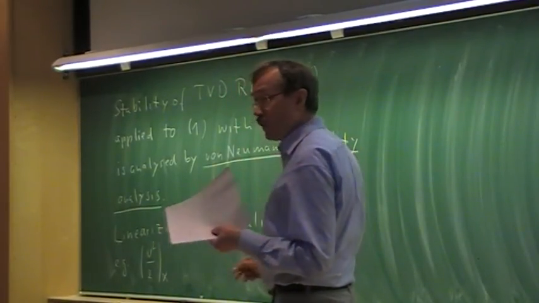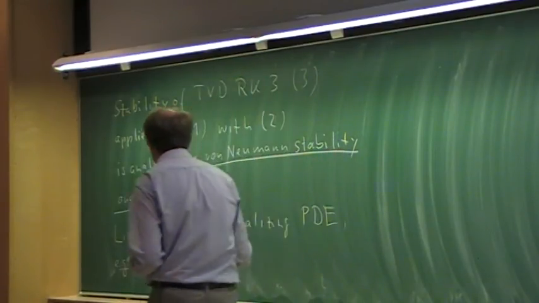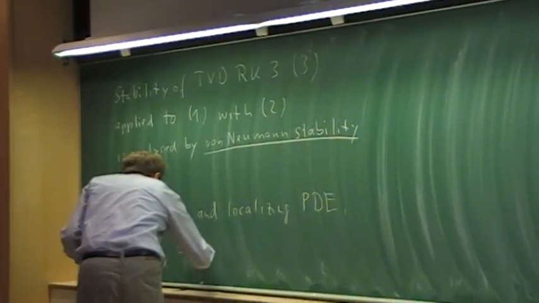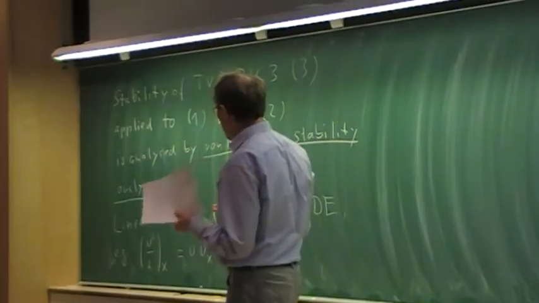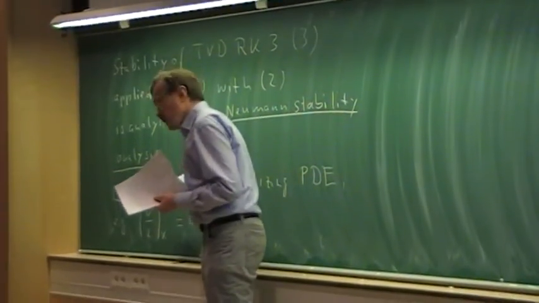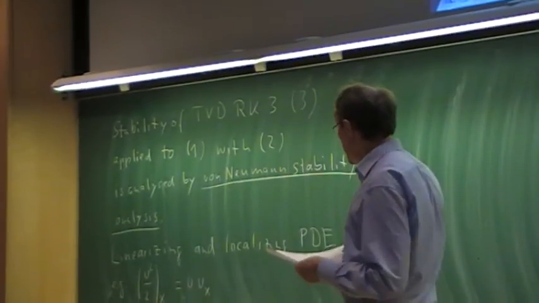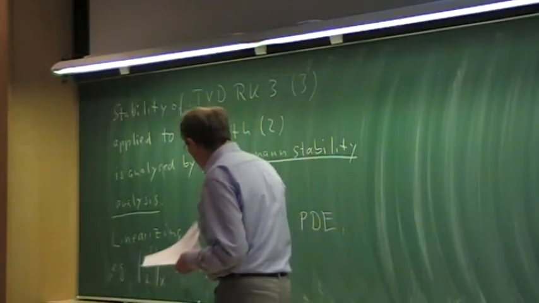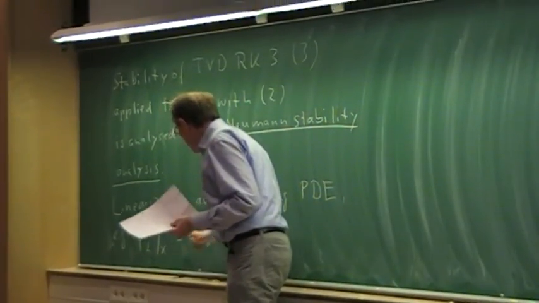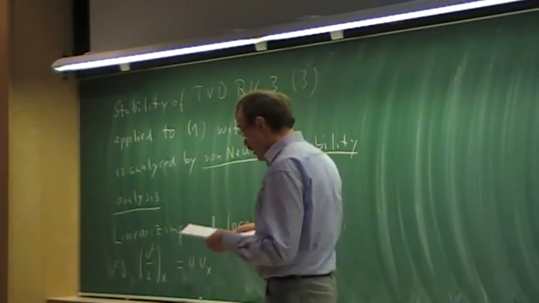But we know if we have a smooth problem, then we can write this as u u_x. In the general case, this would be f prime of u, which in our case is u, times u_x for a general scalar conservation law. So this is just an example. This is clearly nonlinear because u is unknown and u_x is the x derivative of the unknown.